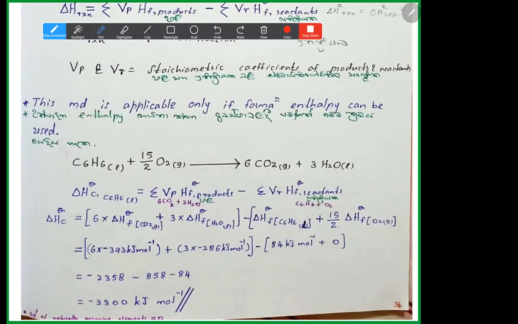Do the substitution, get the answer. Even for the final exam, they are giving marks for this. You just have to show it here to convince them that you have the knowledge that formation enthalpy of a constituent element is 0.